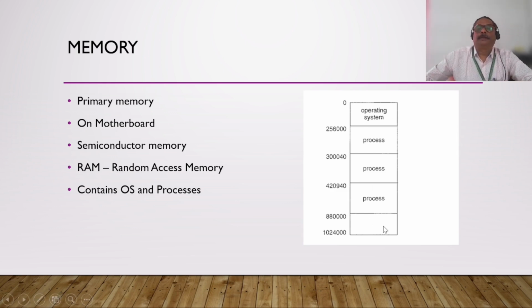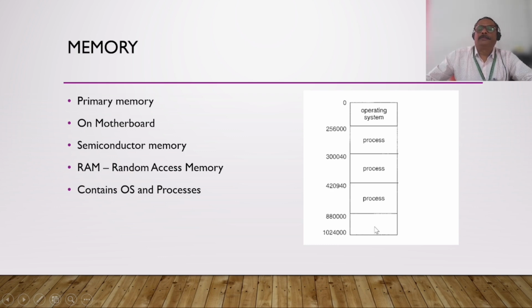This schematic shows one random access memory, and in the beginning there is the operating system loaded, and then we have 3 processes loaded here, and these numbers show the locations of the memory. That means process 1 starts from this location and goes up to this location. Process 2 starts from this location, goes up to this location. Process 3 starts from this location and goes up to this location.